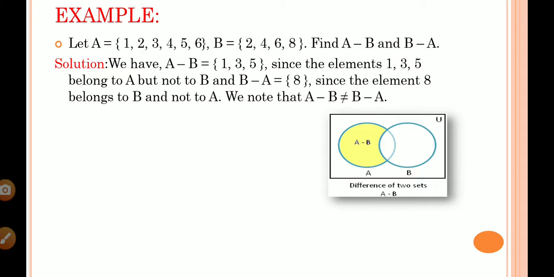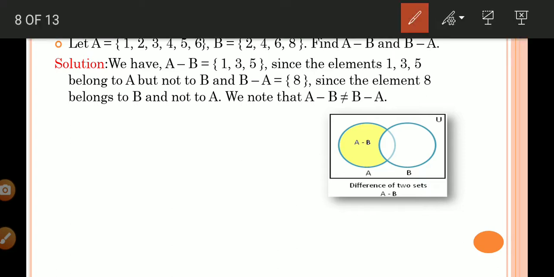We have A minus B is 1, 3, 5, which is not present in B. The elements which are not present in B but present in A are 1, 3, 5.